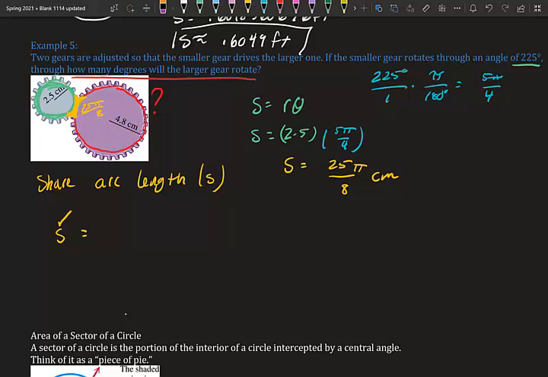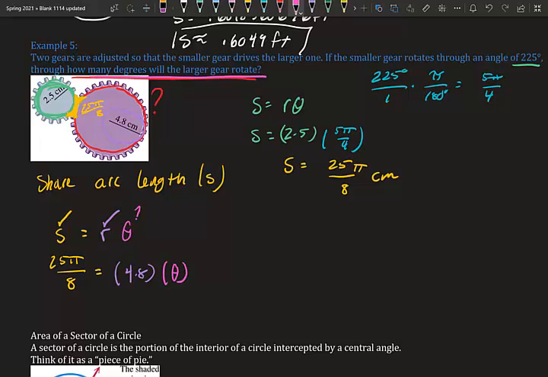It's 4.8. What we're trying to find is the theta. How many degrees will the larger gear rotate? Rotation is the angle, that's the theta. That's what we're trying to find. So we have arc length, it's 25 pi over 8. We have the radius of the larger gear, it's 4.8 centimeters. We do not have theta, that's what we're trying to find.